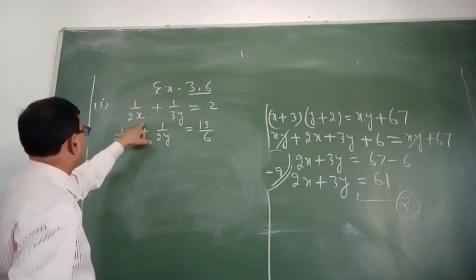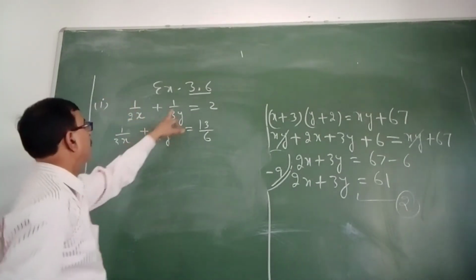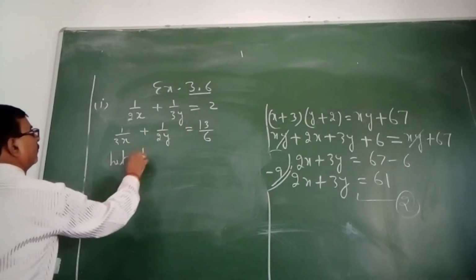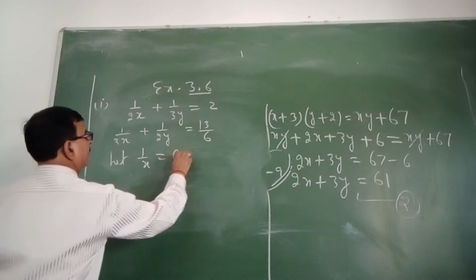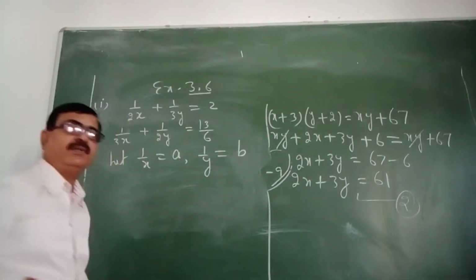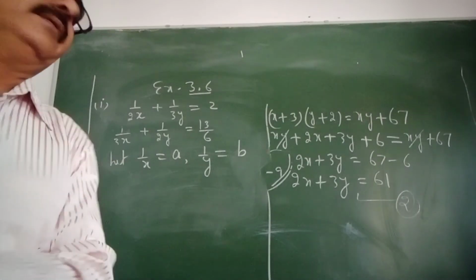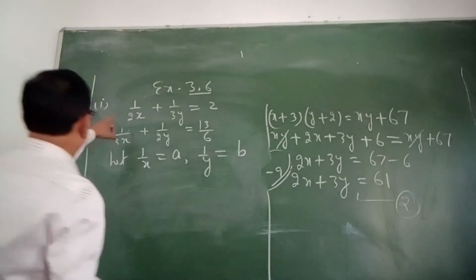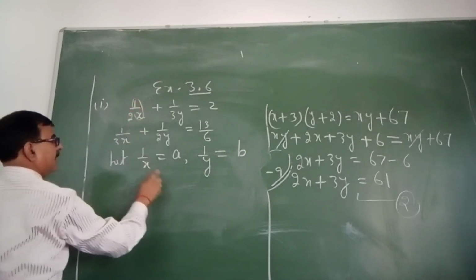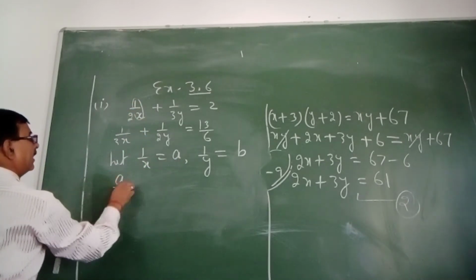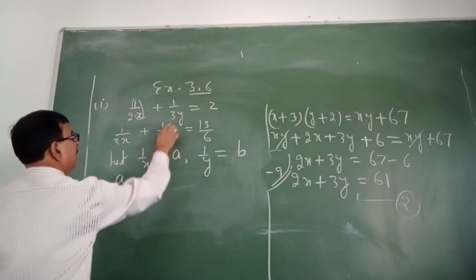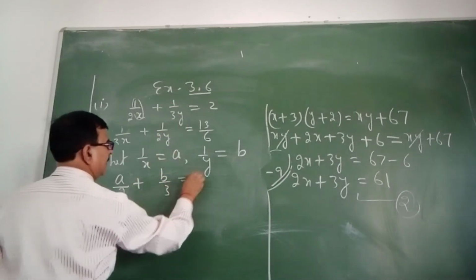You can see in both the equations there are 1 upon x and 1 upon y terms. So we assume 1 upon x is a and 1 upon y is b. We have assumed a and b, right? So this equation converts to a upon 2 plus b upon 3 is equal to 2.